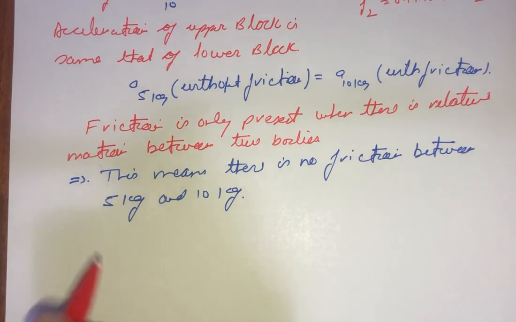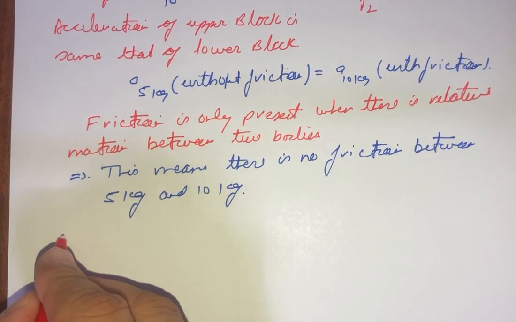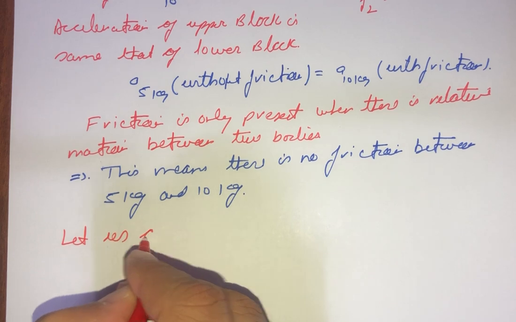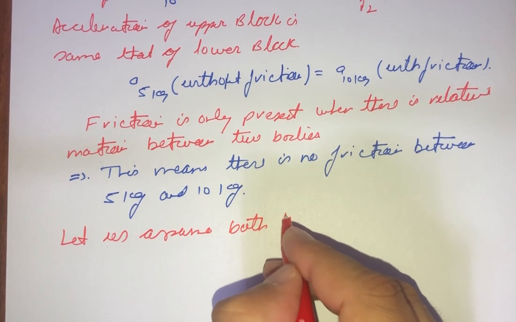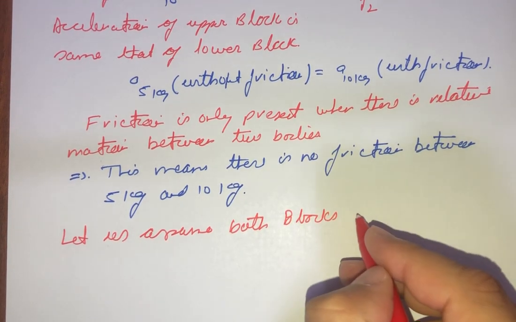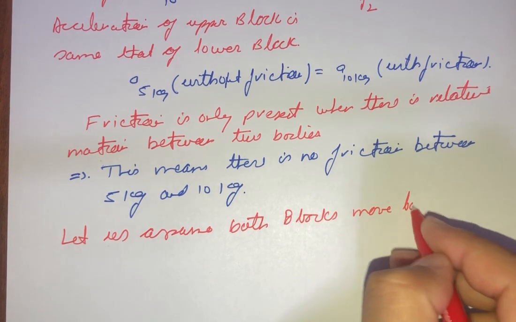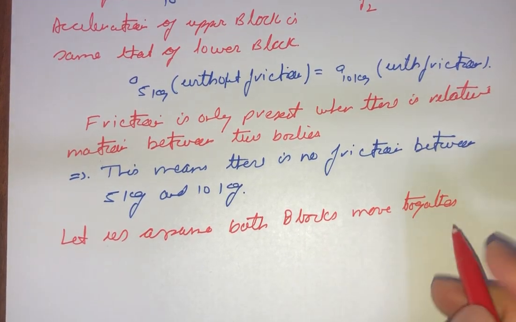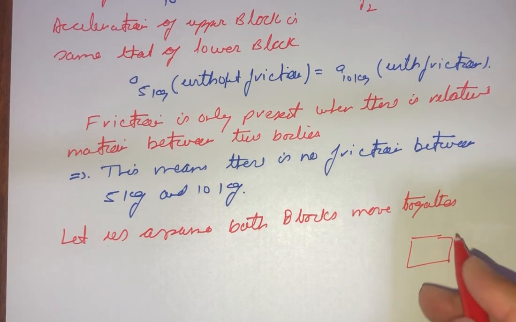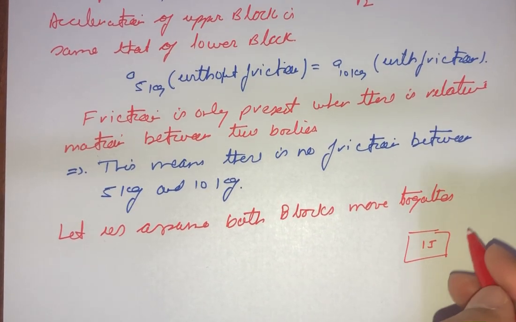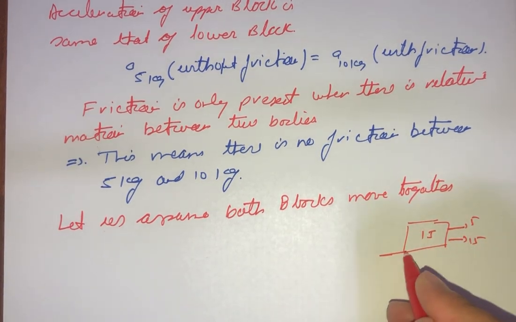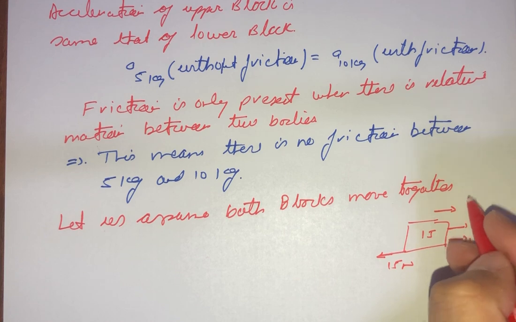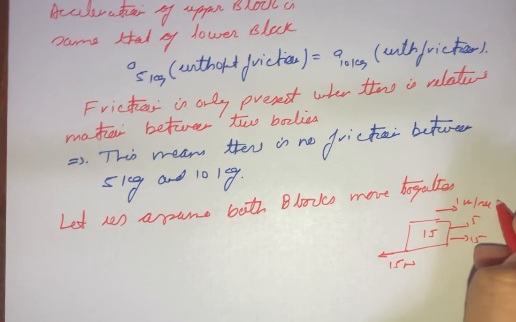Now once again, let us assume that both the bodies are traveling together. Both blocks move together. If they move together, their mass will be 15 kg, and we have two forces, 5 as well as 25, and there is a friction force of 15 Newton in the backward direction.